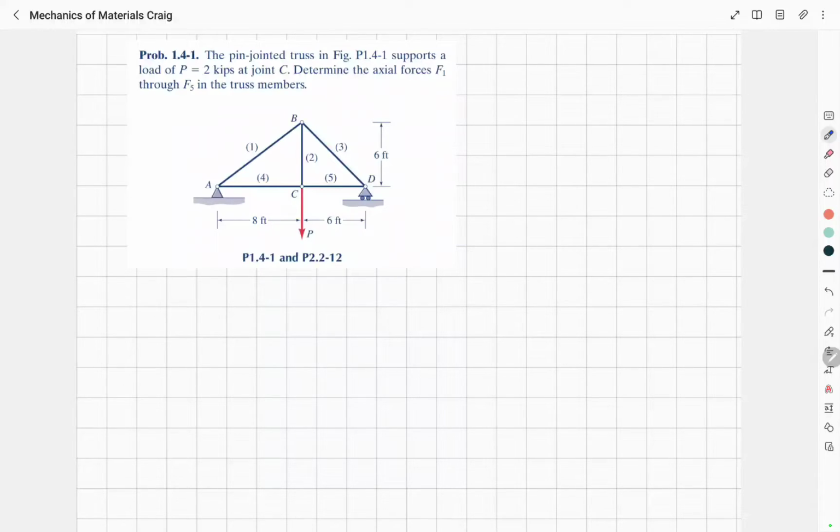Question, we're going to determine the forces in each truss member, and we're going to start with calculating the reaction forces. So we have AY here and AX here, and then we're going to have a DY here. In order to determine these forces, we can write the equations of equilibrium for the whole structure.